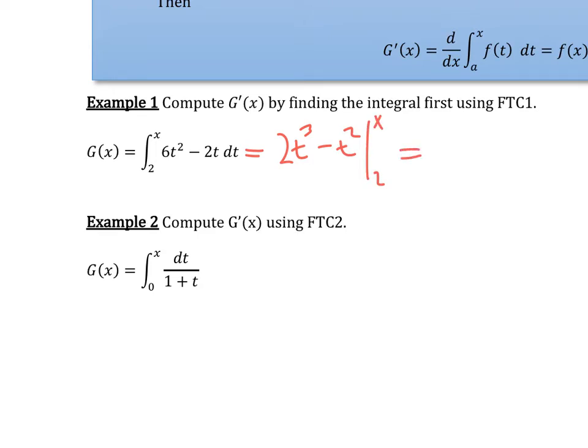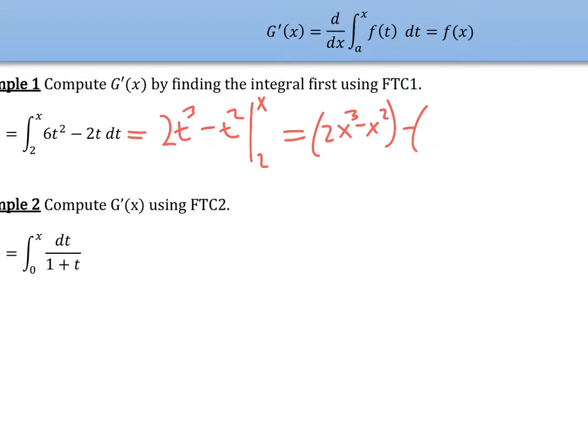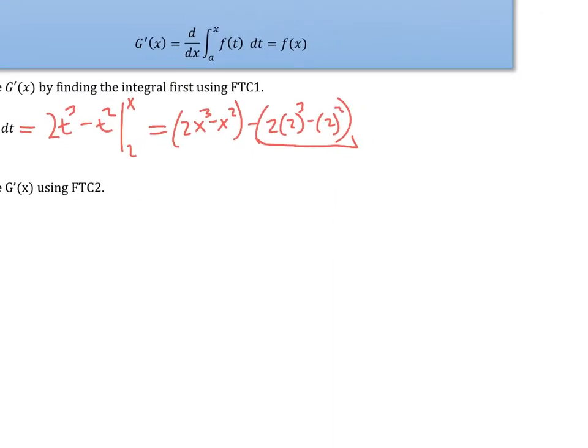And if we plug in x first, we get 2x cubed minus x squared, and then minus, plug in 2 times 2 cubed minus 2 squared. And this is just going to come out to be 12. So this whole thing simplifies to 2x cubed minus x squared minus 12.